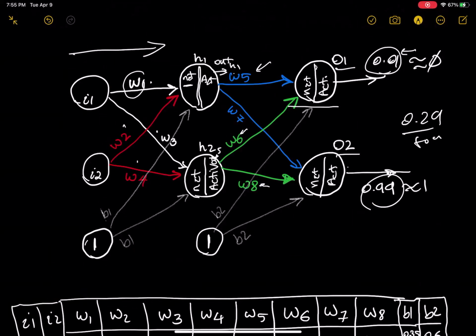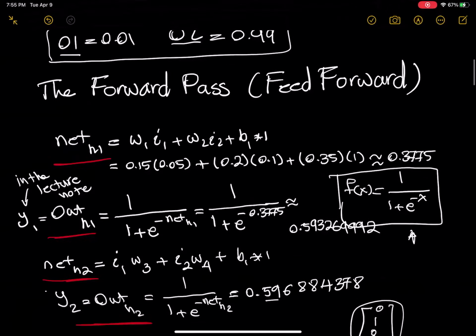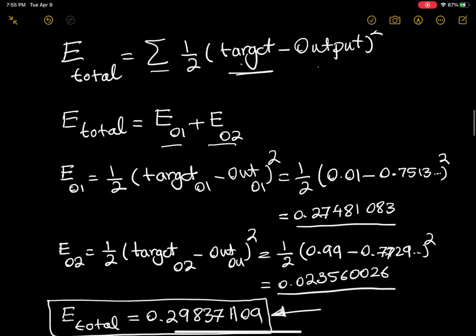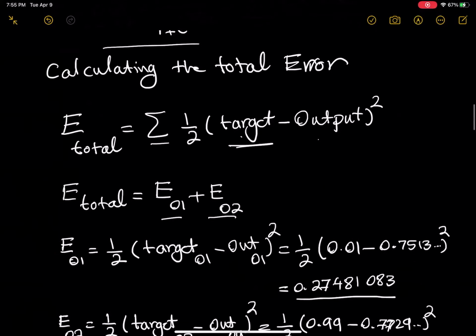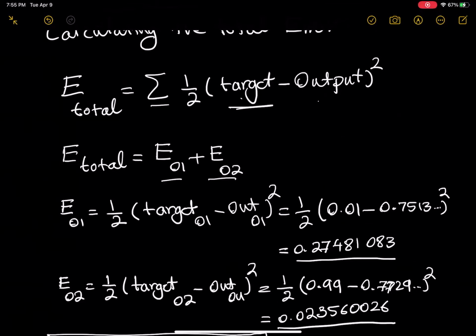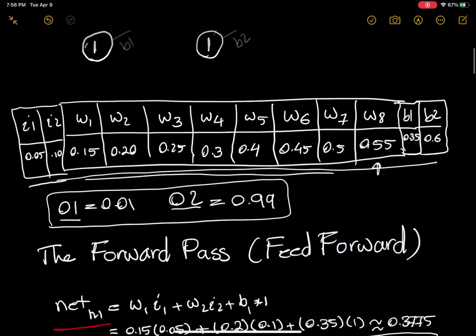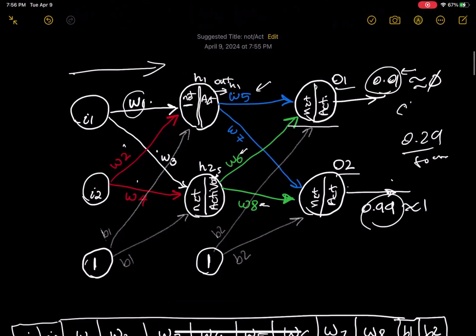This is the total, and I have the error for each one of them, E1 and E2, which correspond to out 1 and out 2. Out 1 is 0.71 and out 2 is 0.77.